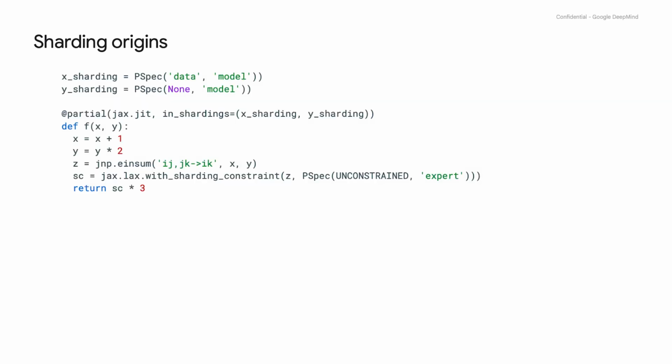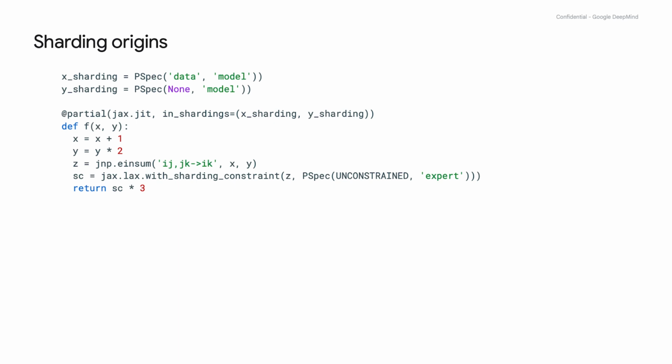Another feature is that users can trace the origin of specific shardings. For example, after propagation, we find that a tensor is partitioned along several sharding axes, and we would like to know why tensor A is partitioned along the data axis. What's the origin of this data axis?